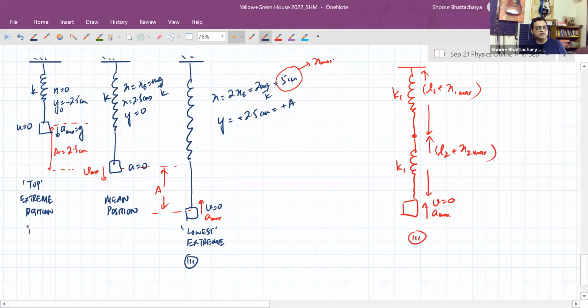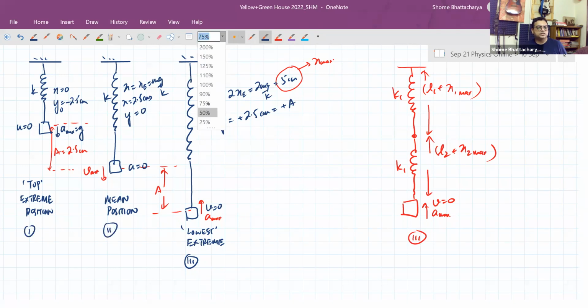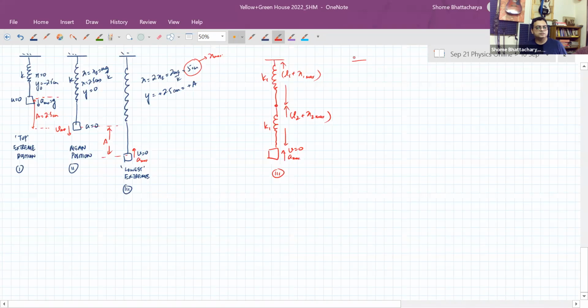And if you look at the first diagram, which is the upper extreme, and compare it with the state of the individual springs in the upper extreme, they were at L1 and L2 at this point of time, when again the block was at rest, but had maximum downward acceleration.